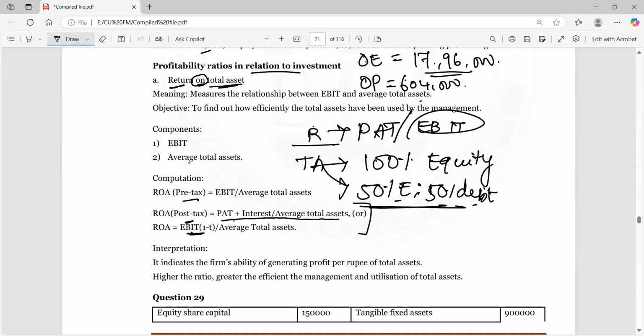Interest. So there interest is not deducted. This formula is a better version where we take profit after tax, which is available to equity shareholders, and then we add interest, which is available to debenture holders. Clear? Any doubt in this? Did you all understand? Got it? Post-tax return on investment.